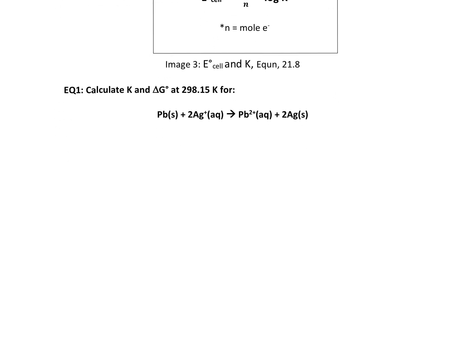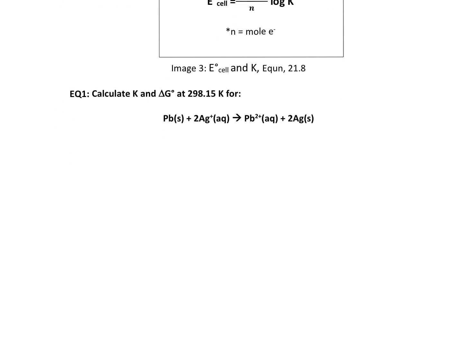Okay, for this problem, it looks like we might use a couple of different equations. So to solve for delta G naught, we know delta G naught is equal to negative nF E cell at standard state.